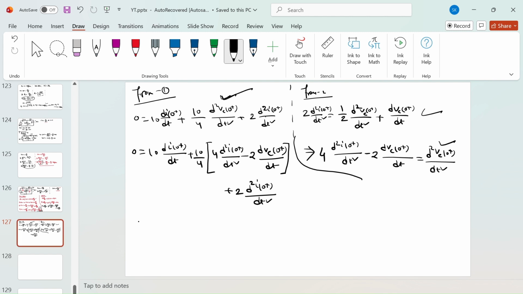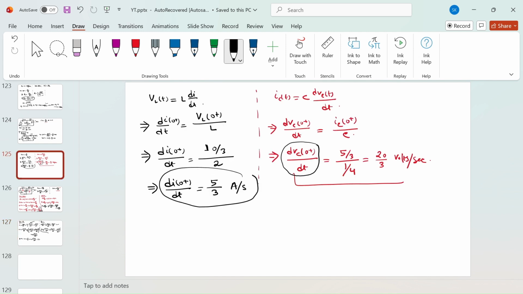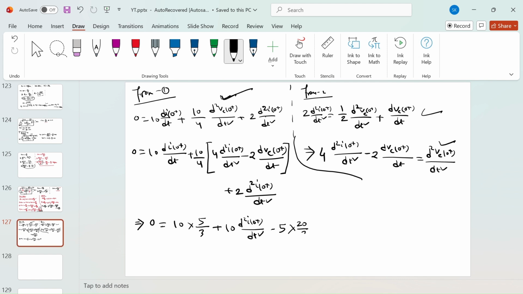I hope this particular thing is clear, and I need to find d2i(0+) by dt square. So 0 is equal to 10 di by dt at 0 plus, which is nothing but 5 by 3, plus 10 d2i(0+) by dt square minus 20 by 4 times dVc by dt at 0 plus, which is nothing but 20 by 3, plus 2 d2i(0+) by dt square, right?